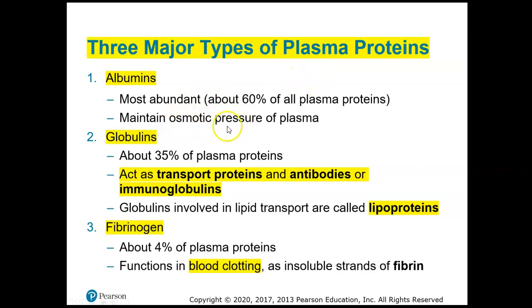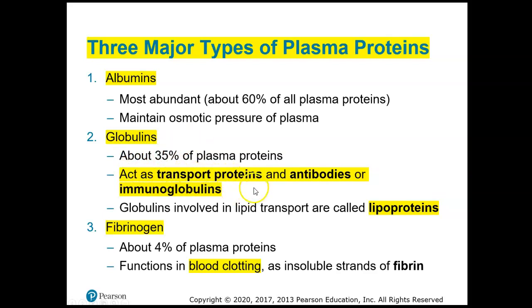So it has osmotic pressure that is pulling water into the blood vessels. Osmosis is constantly driving water to move into the blood vessels, and that way we don't have a lot of tissue swelling.